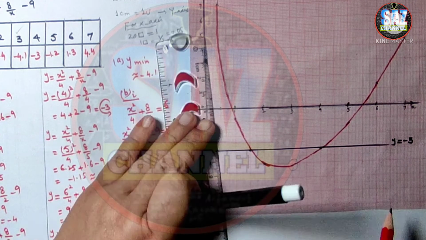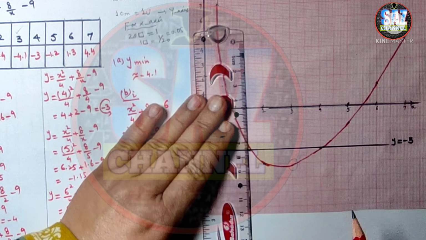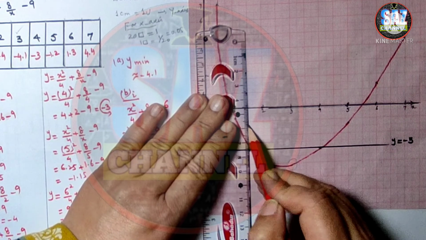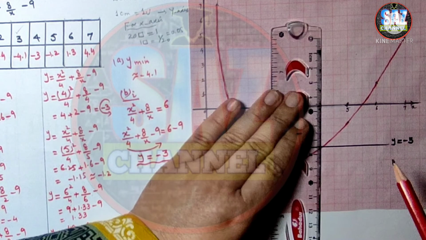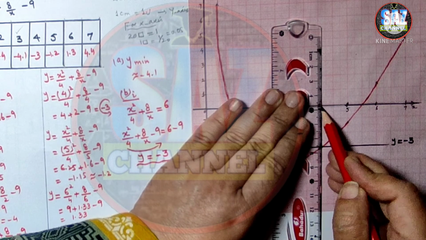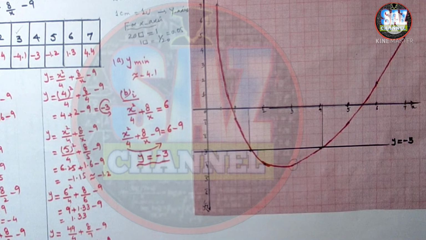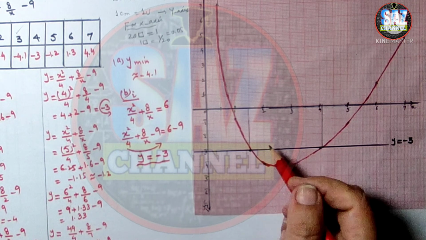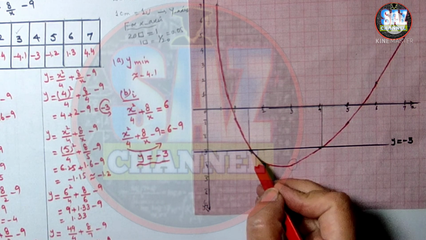Let me join this part, and this over here. You can see that I'm going really slow because these are really important parts of your O-level examination, and they are coming in your exams as well, so you have to watch and understand.